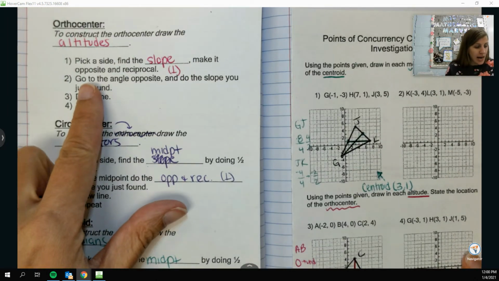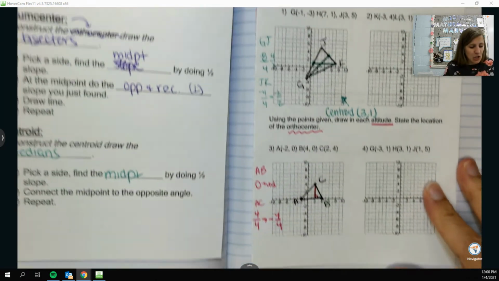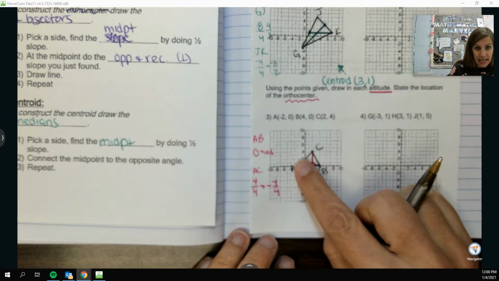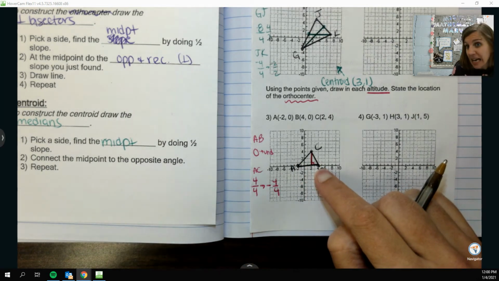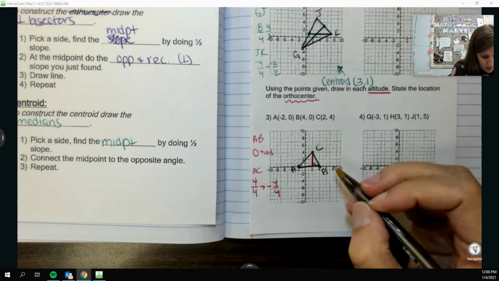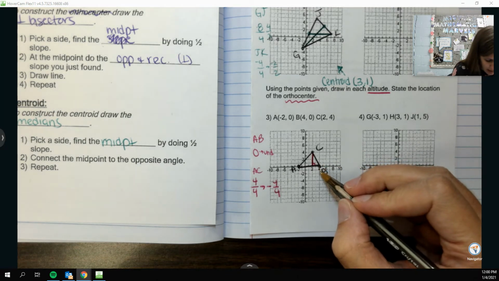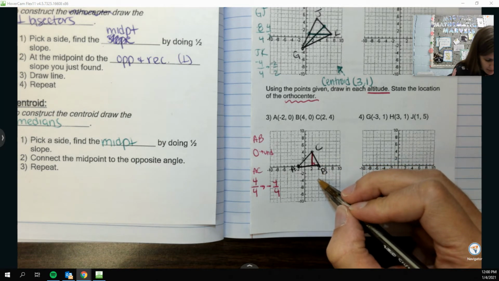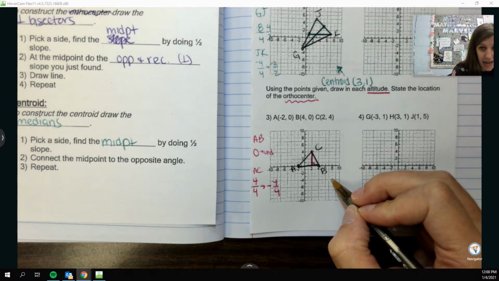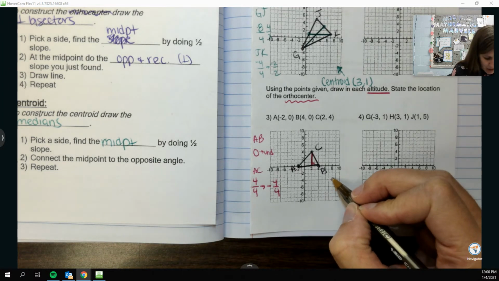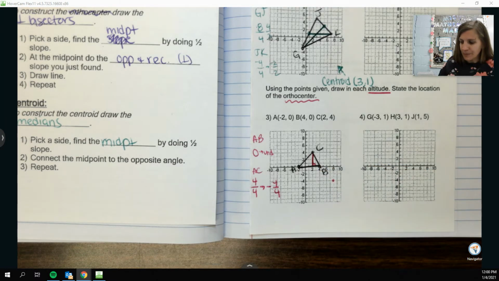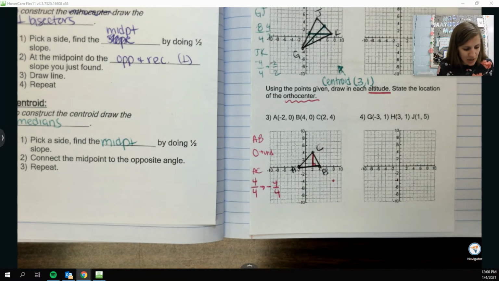Then I go to the angle opposite. So I was on AC. The angle opposite is B. And at B, I need to do that slope, which says I should go down 4 and then positive 4, 1, 2, 3, 4 to keep it negative, which feels weird to be outside the triangle, but really you just need a spot to connect to. And this line can go as long as you want.